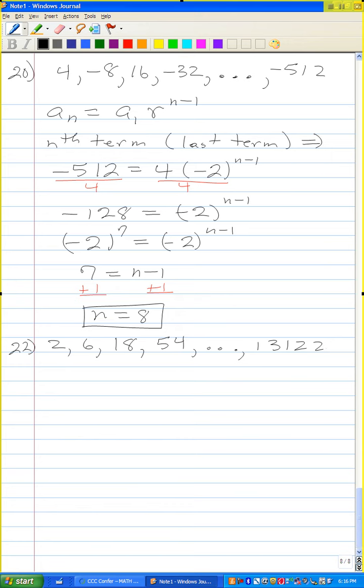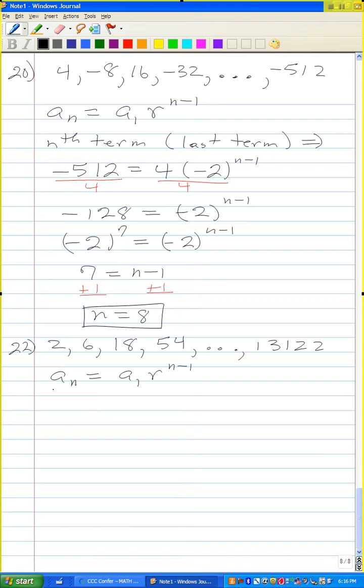And so I'm going to do the exact same thing. The general term for a geometric sequence is characterized by the following formula. A sub n is equal to a1 r to the n minus 1. And let's look at the last term, the nth term. And so if I do that, then I'll be able to figure out what n is because I know everything else.